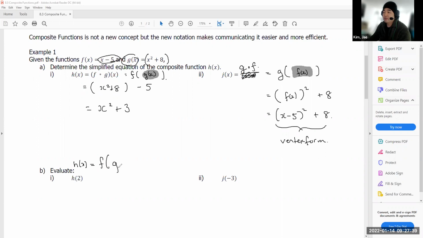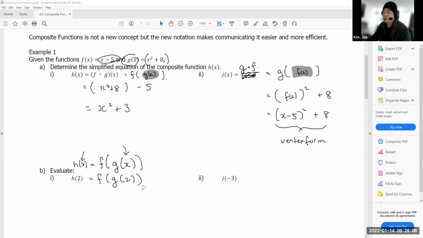Well, h of x being f of g of x, h of 2 means f of g of 2. Because h of x is the same as f of g of x, h of 2 means whatever value of x I need in the components will follow suit. It'll be like that.